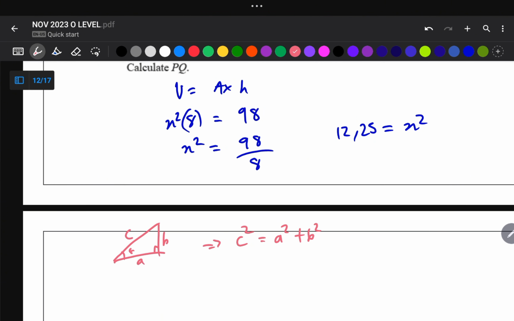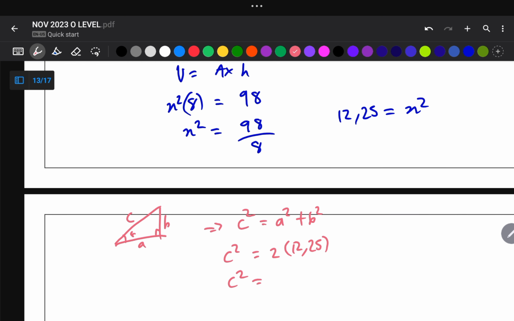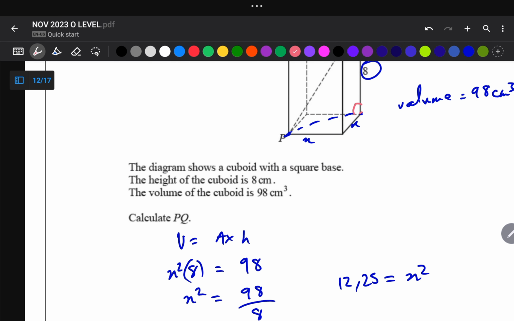So C squared, the hypotenuse, is equal to 2 times 12.25. So C squared is equal to 24.5. So this is the value from this point to this point.